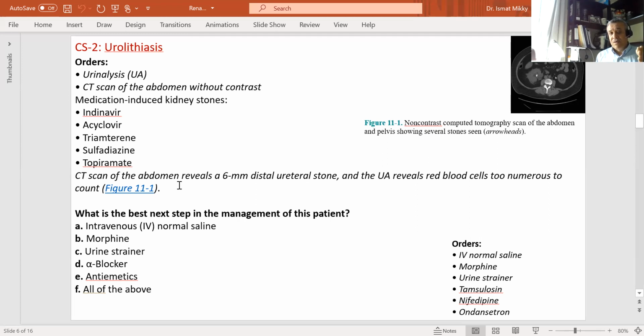So first we have to start with the hydration, IV normal saline, so that will increase urine production, and that will increase flow of the urine, combined with pain relief. So we will give pain management for pain relief and an antiemetic to stop the nausea and vomiting, if there is any.